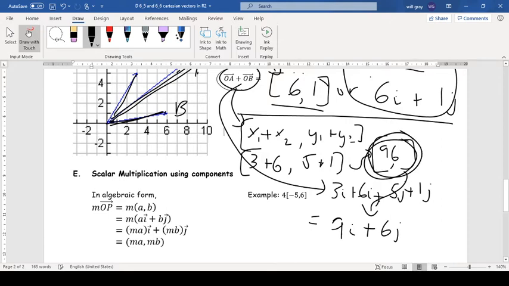When you have it written in square brackets as [9, 6], that's called component form. And we also have the vector written in standard basis form, which is 9i plus 6j.